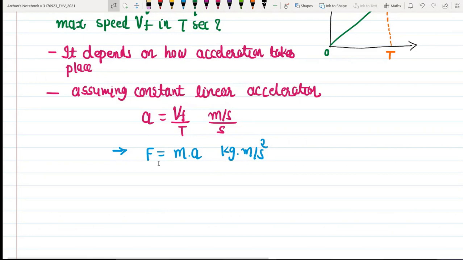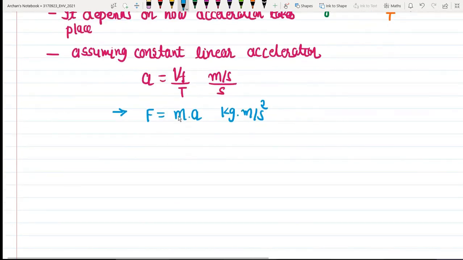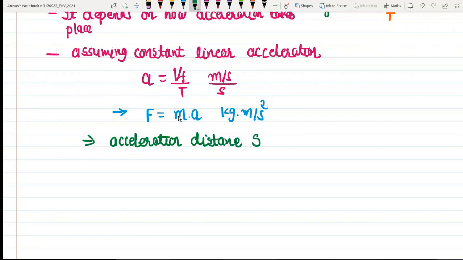And during this time, what is the distance that has been traveled by this vehicle? The acceleration distance, let us say s, is given by half a t square.